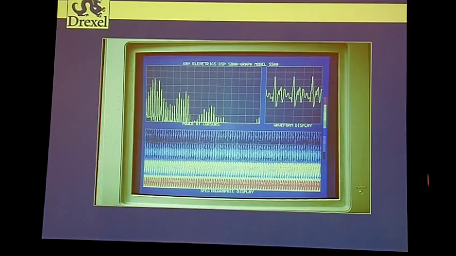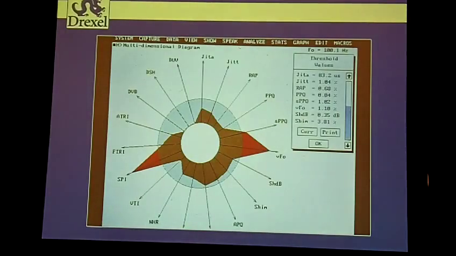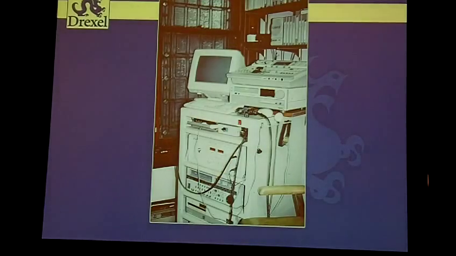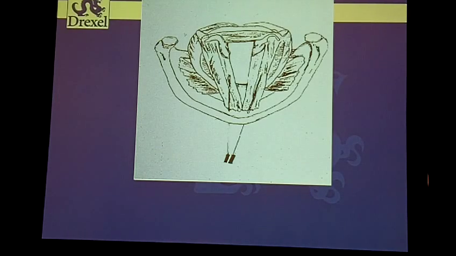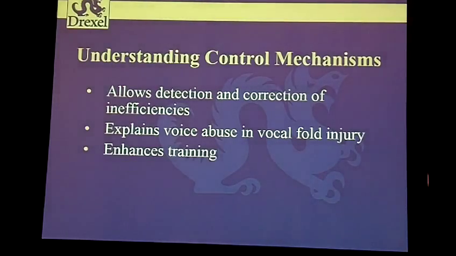We can measure acoustic output in various ways. We can measure vibration, either directly visually with strobe and high speed. We can measure muscle function through laryngeal electromyography.